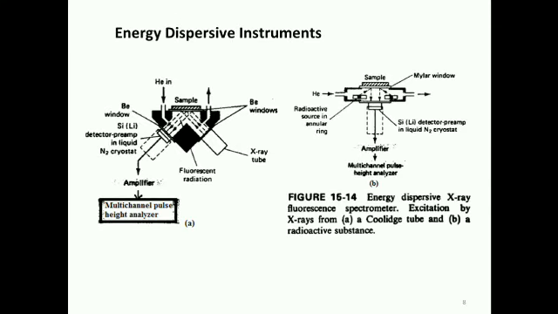Next, energy dispersive instruments. As shown in the figure, an energy dispersive spectrometer consists of a polychromatic source. In the wavelength dispersive instrument, we used the monochromator. Here is a polychromatic source.